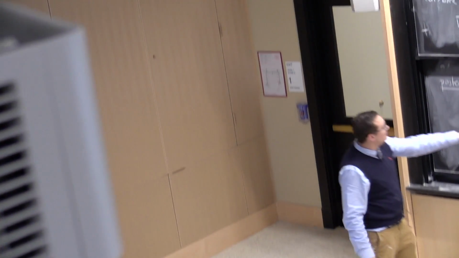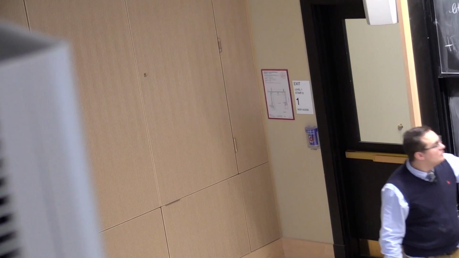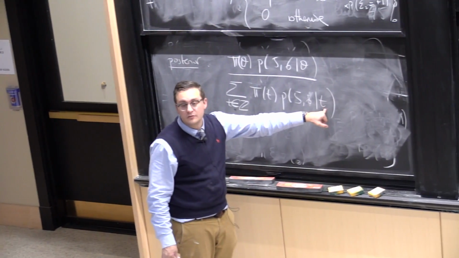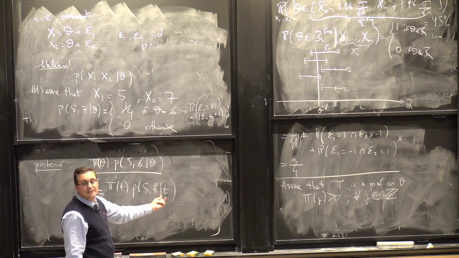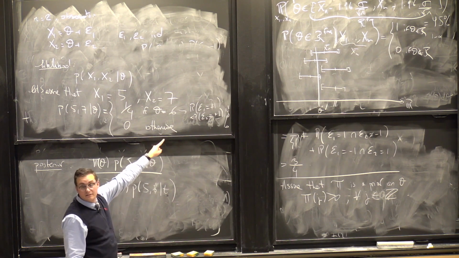But when I sum these guys, there's only one that counts. Because for those things, we know that this is actually equal to 0 for every t except for when t is equal to 6.